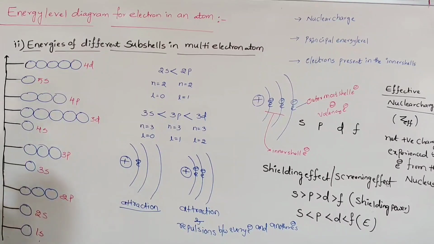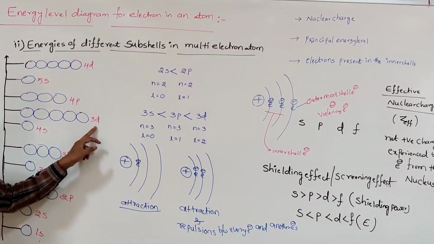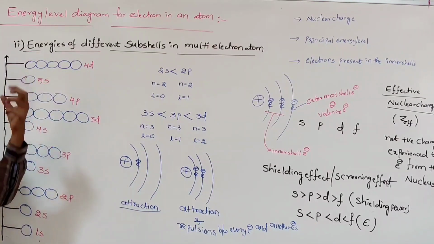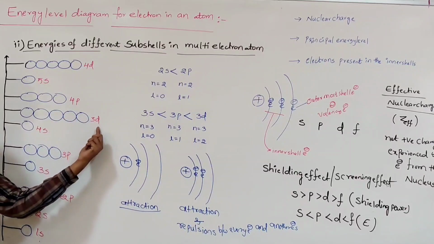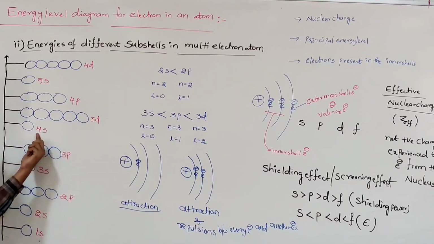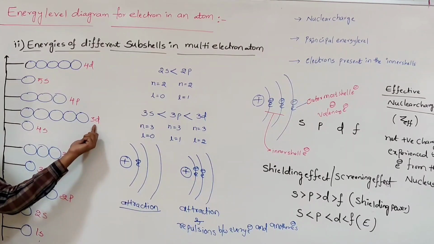And the fourth conclusion we made: generally 1s, then 2s, 2p, then 3s, 3p. Then you expect 3d, but instead of 3d, what is there? 4s. After the 4s, 3d is there. So that means sometimes the sublevels of higher energy fall below the sublevels of lower energy. See here, 4s, 3d. So 4s is the sublevel of higher energy, 3d is the sublevel of lower energy.